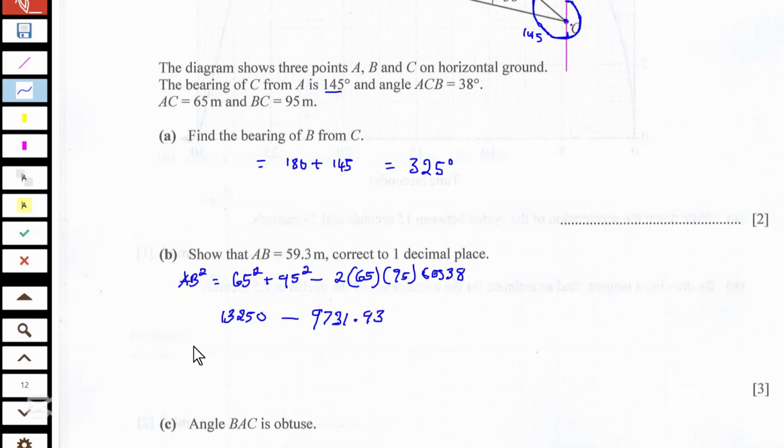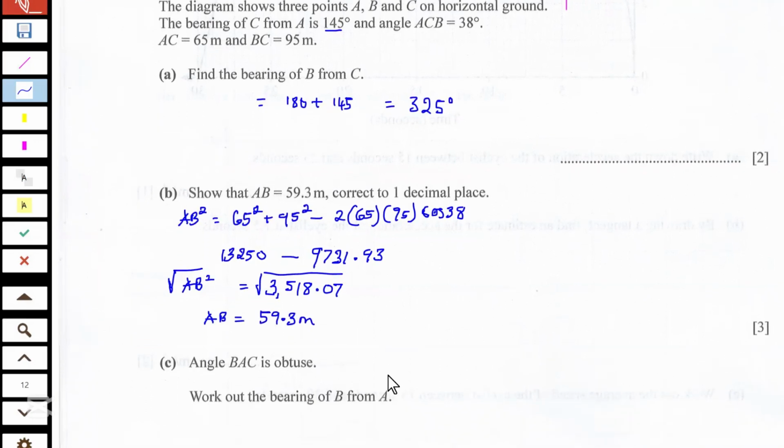So if you subtract this, AB square will be equal to 3,518.07. So to find AB, we have to find the square root of both sides. Then AB will be equal to 59.3 meters. So that's it for question B.